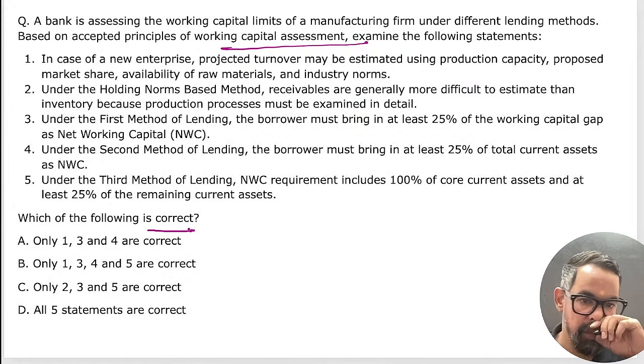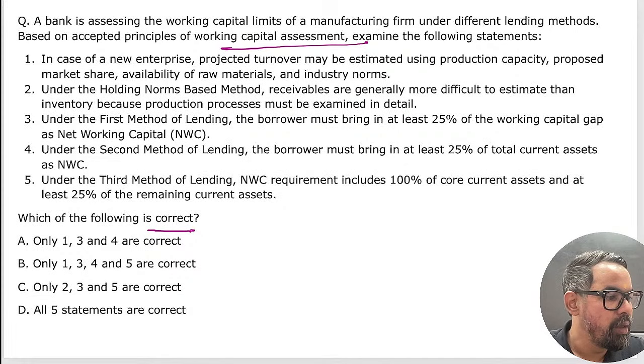Okay, so Seal sir is saying B. Other people also, guys. Sabit sir is also saying B.